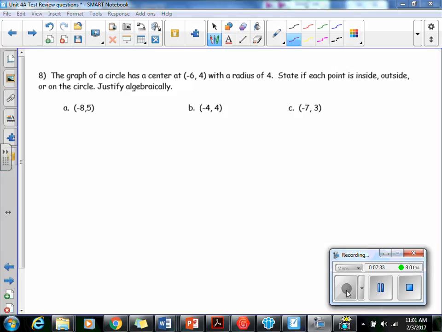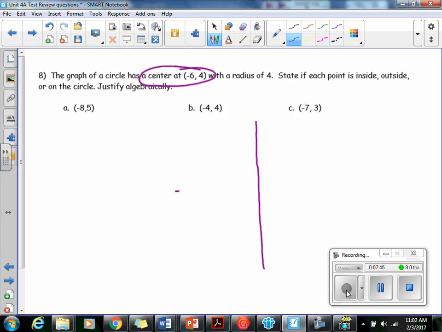Well, the key for doing this is to remember basically what they're giving you. So what you have is your center is at (-6, 4). We're just going to sketch a rough graph over here.